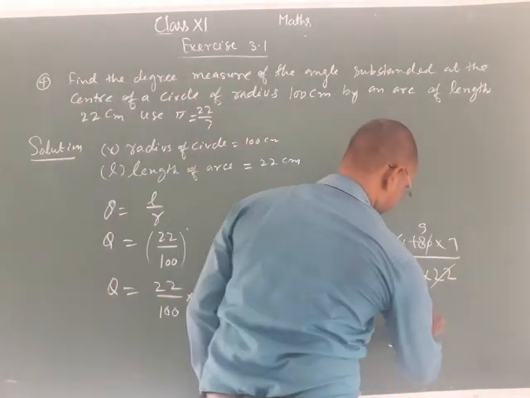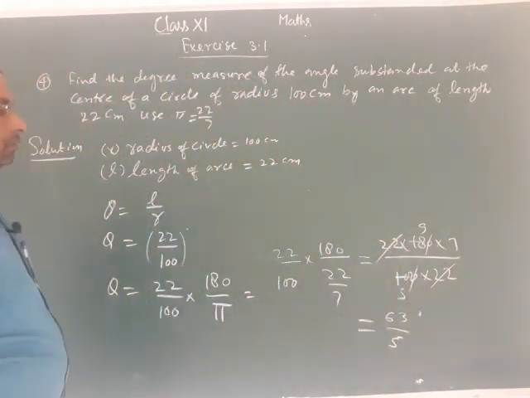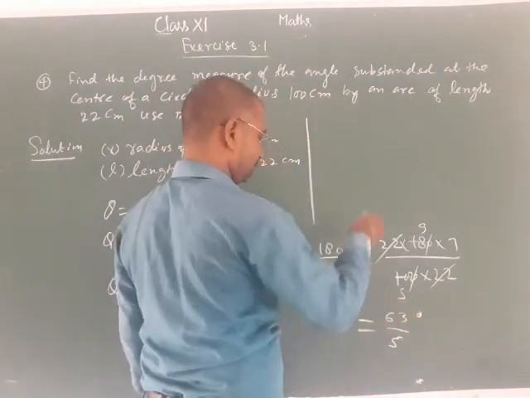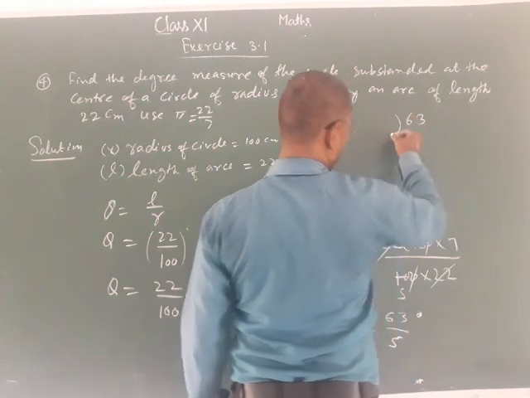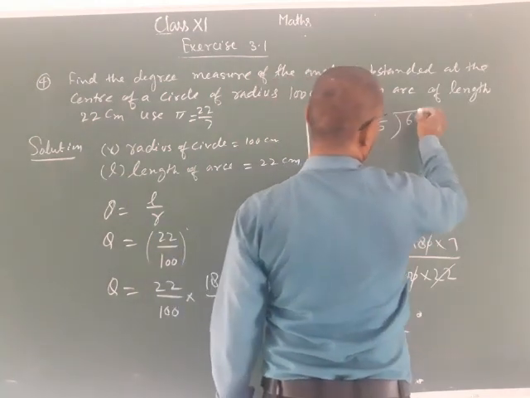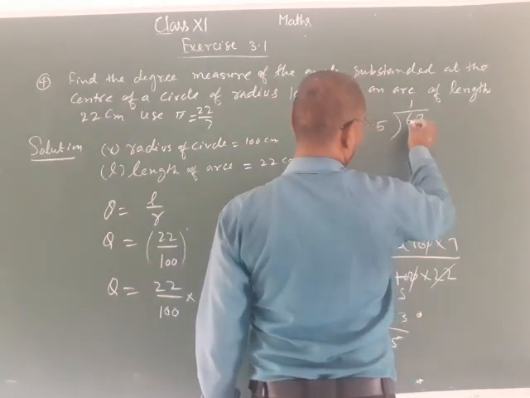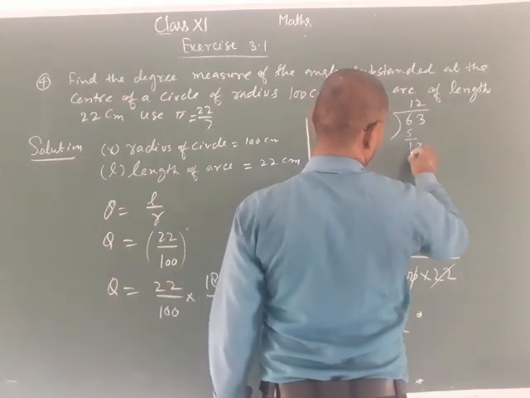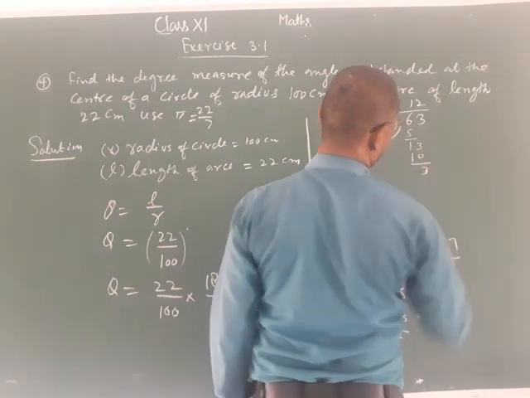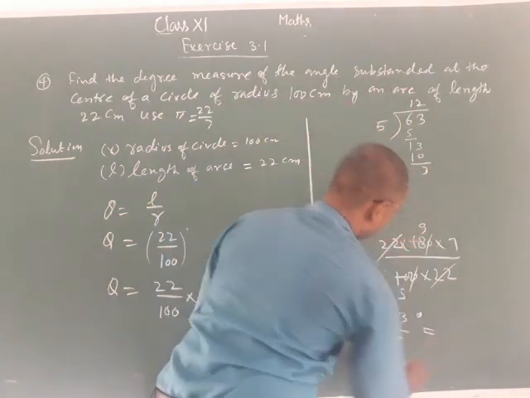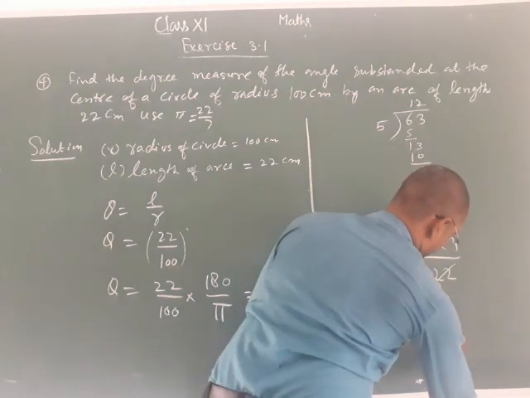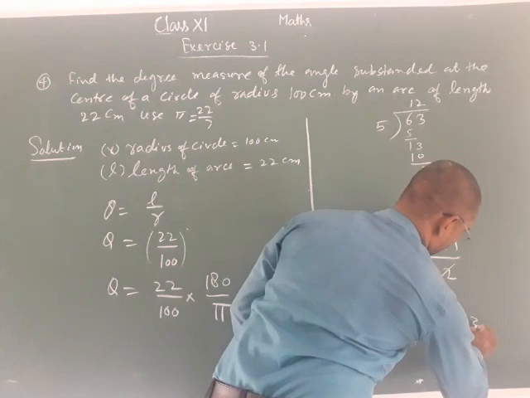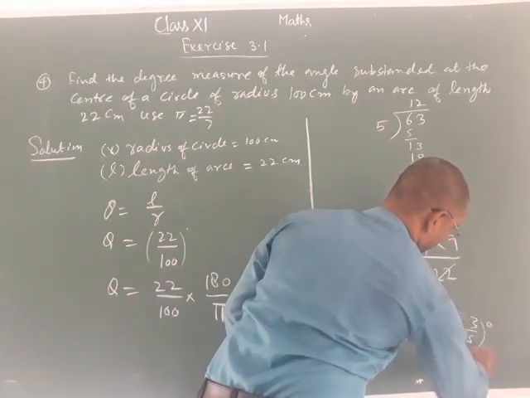Change into minutes. So 63 divided by 5, 5 12 is 60, remainder 3. So also written 12 degree and 12 whole 3 upon 5 degree.